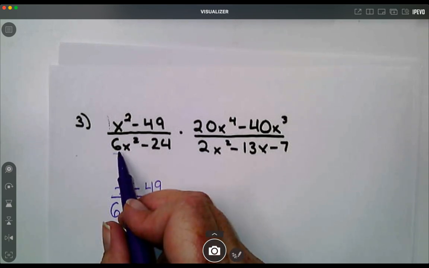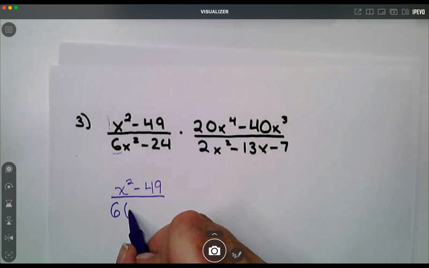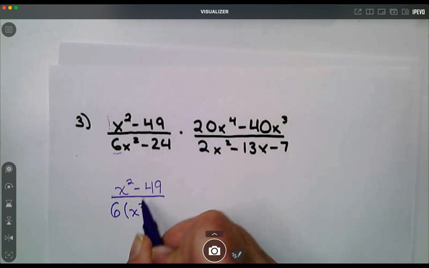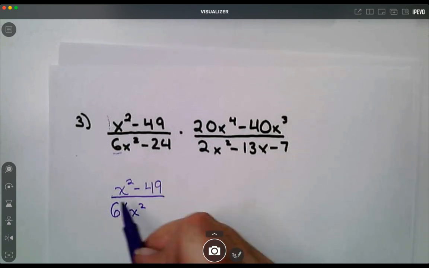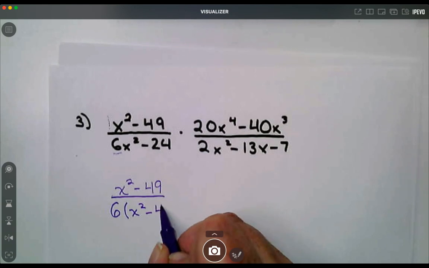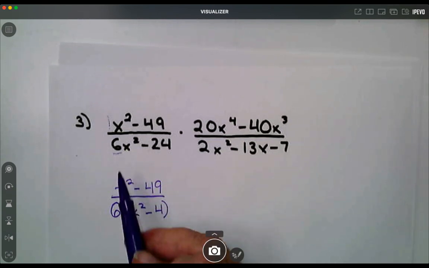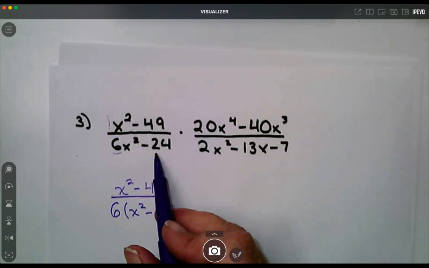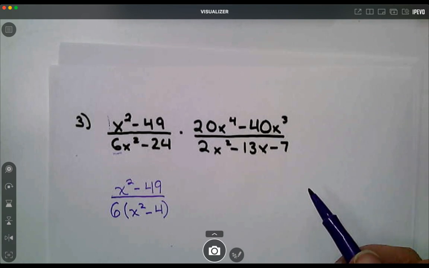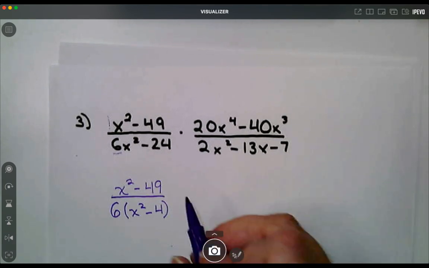If I divide 6x squared by 6, I just get x squared. 24 divided by 6 is 4. And I should always check: if I multiply this back, 6 times x squared is 6x squared. 6 times negative 4 is negative 24. I'm right back where I started. That's exactly what I want.